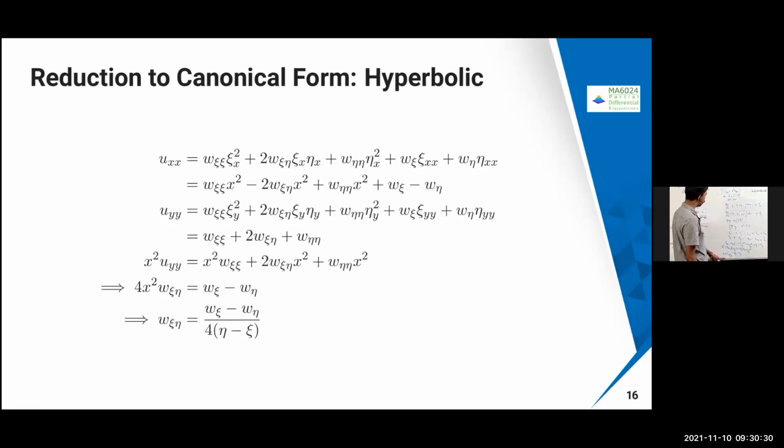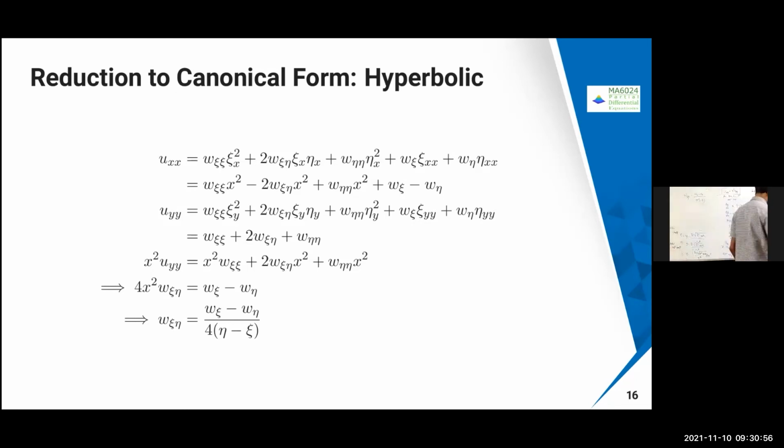X square is eta minus chi. So this equation is going to become w chi eta equal to w chi minus w eta divided by 4 into eta minus chi.